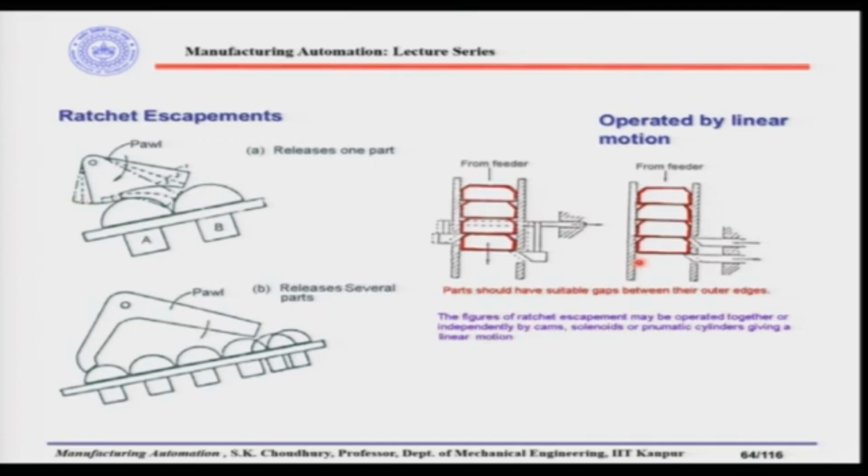Here is another example, using these kinds of pawls or mechanisms, one can pull or push to and fro, and the parts will be taken from the feeder and delivered to the assembly machine one by one.